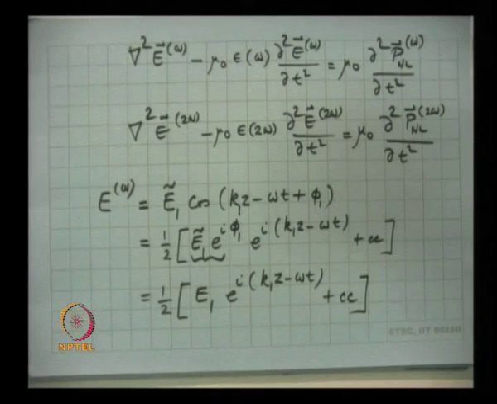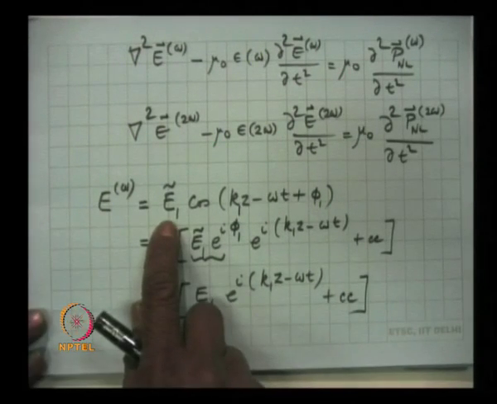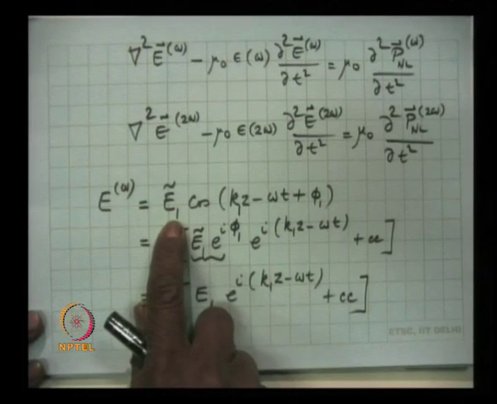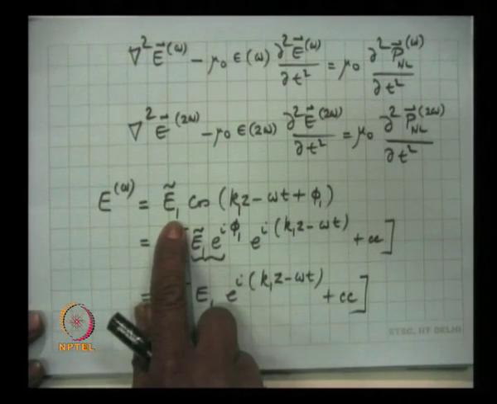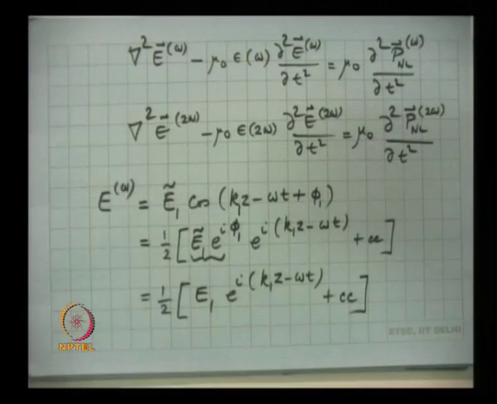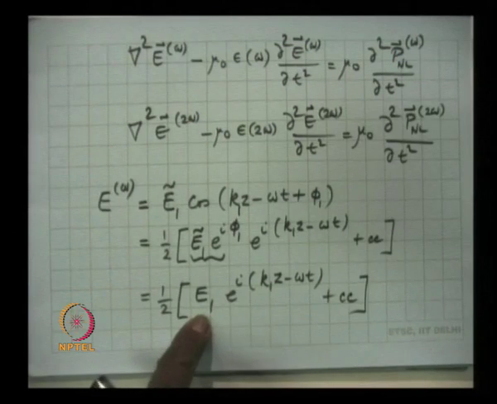Yes? Sir, E1 tilde is also a complex amplitude? No, in the real equation, E1 tilde is real. When I write E1 tilde cos(k1 z minus omega t plus phi 1), everything is real: E1 tilde is real, phi is real. But what I am doing is absorbing the phase phi into the E1 tilde term and defining an E1 electric field, which is now in general complex.